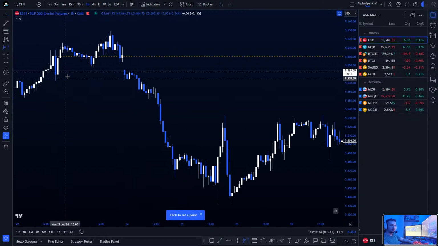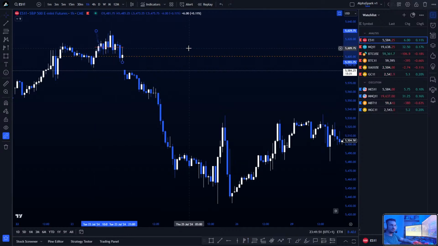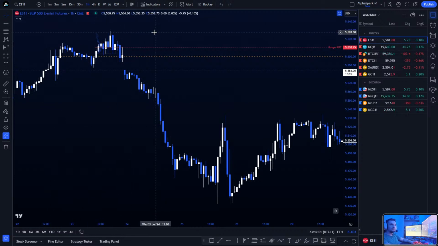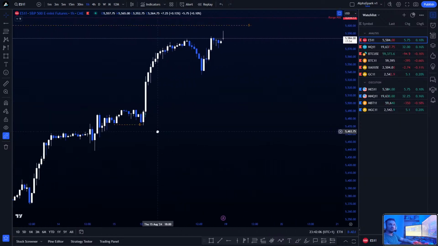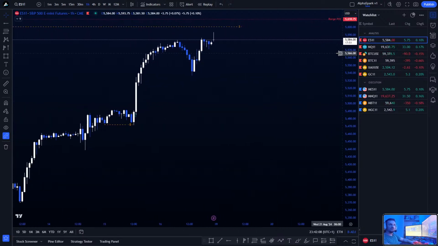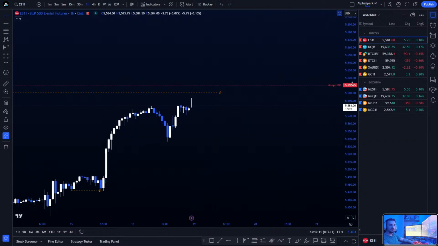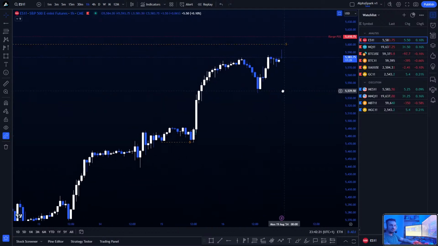What's the point of control of this range? Okay, let me mark out this point of control over here. So it would be interesting on the ES to make another move up, reach that 5610.75, or just react from a liquidity grab of this, and then start moving down, because I have a bunch of reasons to move down.